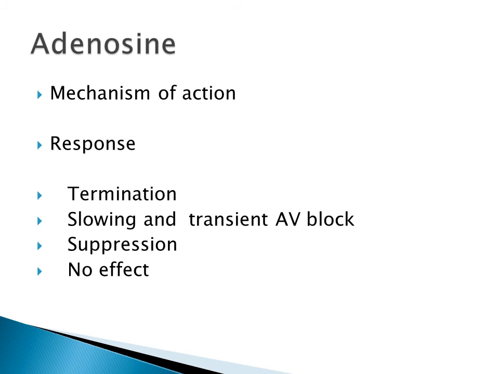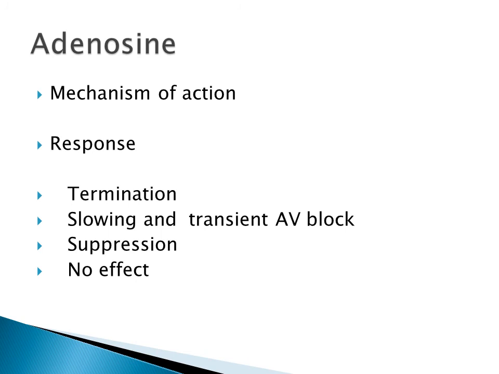Regarding the response to adenosine, termination is expected in case of AV nodal dependent tachycardia like AVNRT or AVRT. In case of atrial flutter, we will notice a transient AV block and clarification of the flutter waves.